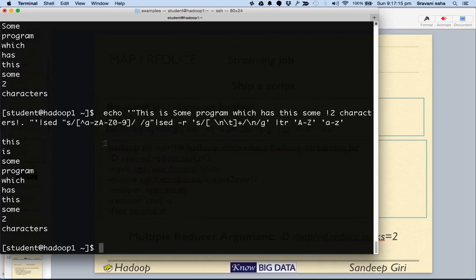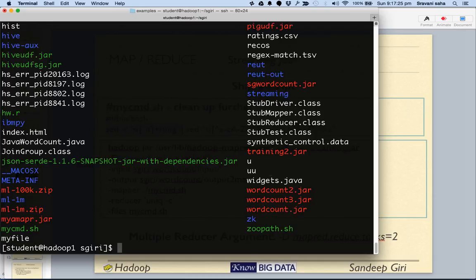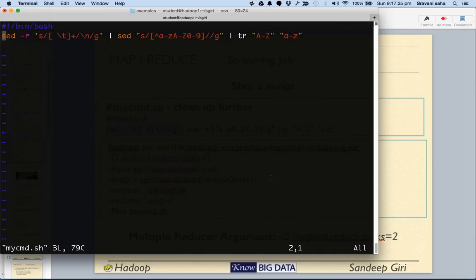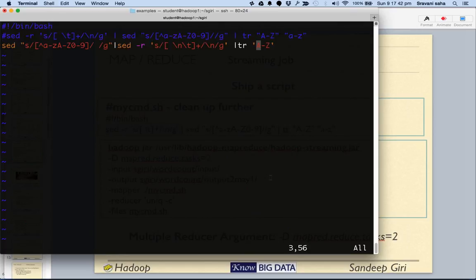Okay, now we can take this full command that we have written just now and put it inside this one script. Let me go to my own folder, and my cmd.sh is there, right? Now here I can comment out the previous line and put a new line here like this.